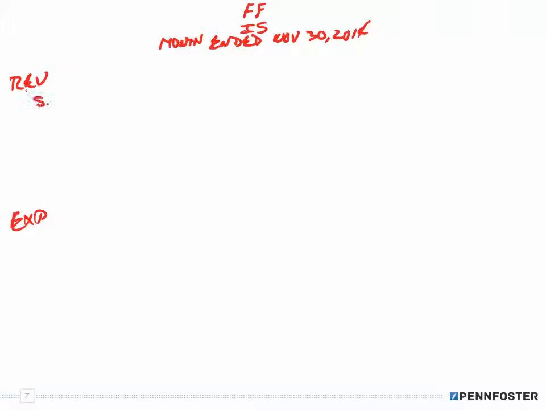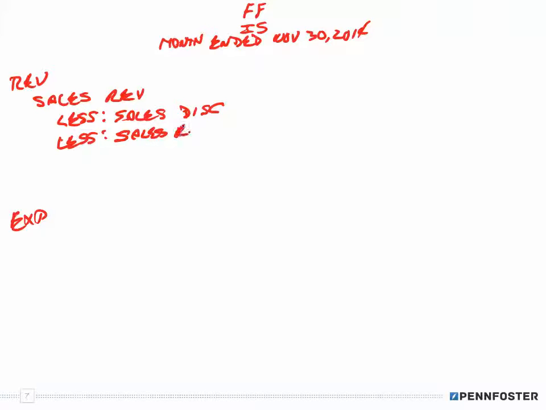So then I'll indent a little bit, and I'm going to put my revenue accounts, and then I'll indent again, and less sales discounts, less sales return and allowance. Now they have the return and allowance first, then the discount second. Does it matter? No, it doesn't.